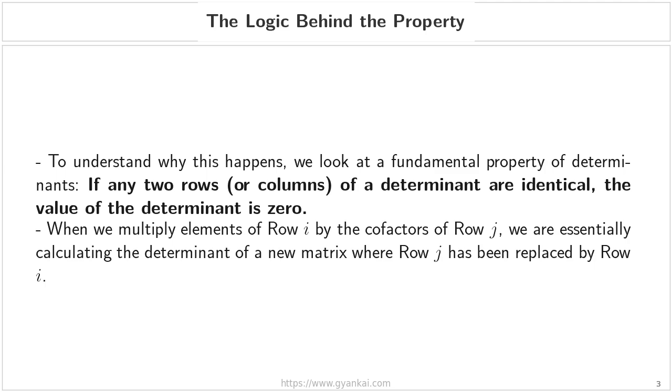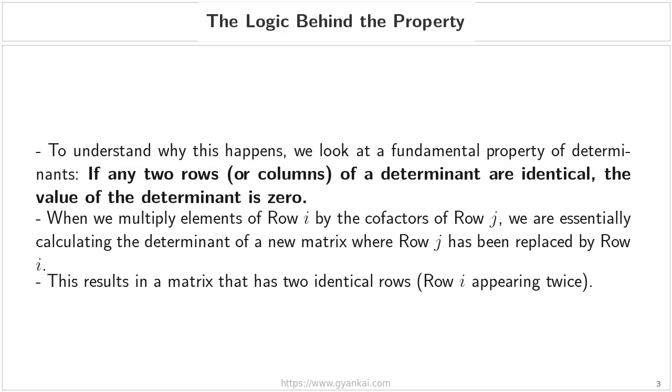When we take the elements from row i and multiply them by the cofactors of row j, what we are actually doing is performing a calculation that is equivalent to finding the determinant of a brand new matrix. In this new matrix, we have essentially replaced row j with row i. Think about what that means for the structure of the matrix.